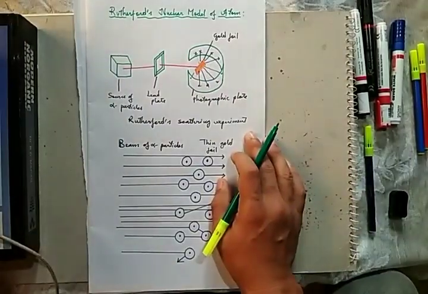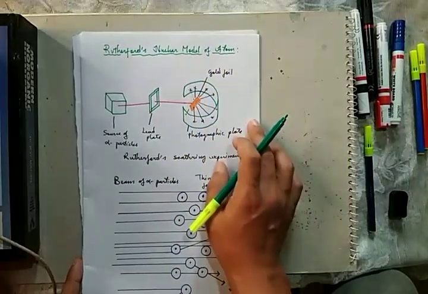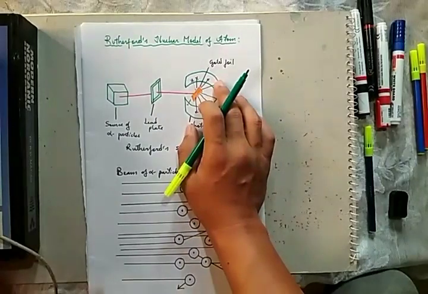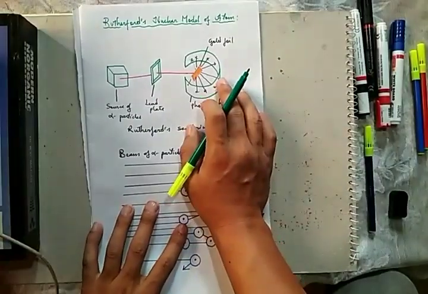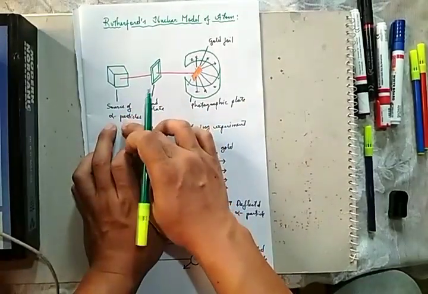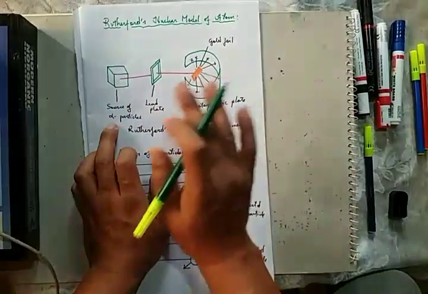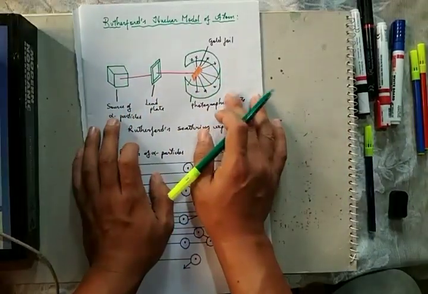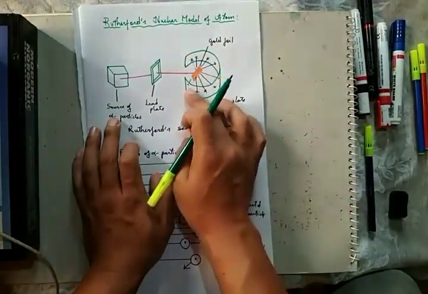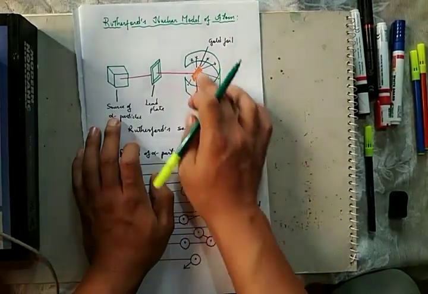So our next topic is Rutherford's nuclear model of atom. This model consists of a source of alpha particles, as we have discussed before in the Chadwick experiment, a lead plate, a circular photographic plate, and a thin gold foil sheet.